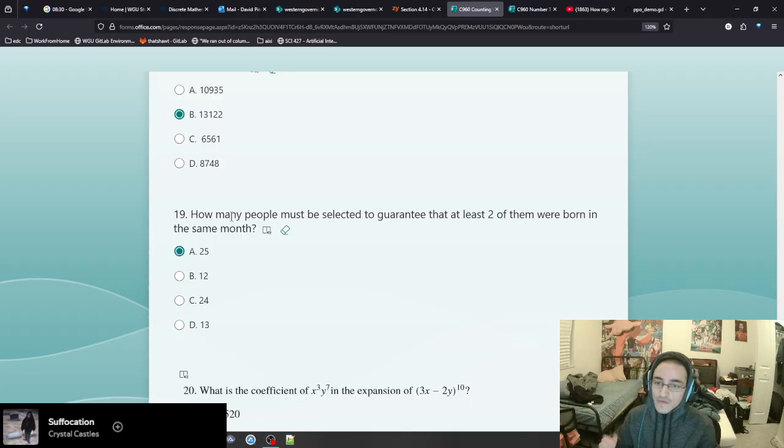All right, let me just figure this out. Let's say you selected one person, and he was born in June. Let's say you selected 1 billion people, and they were all born in June. Is that how that works?